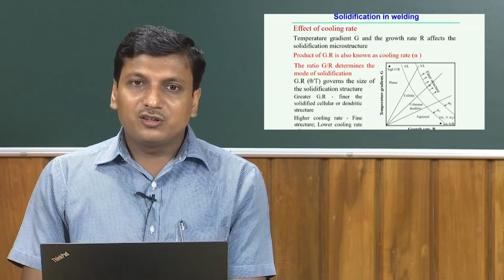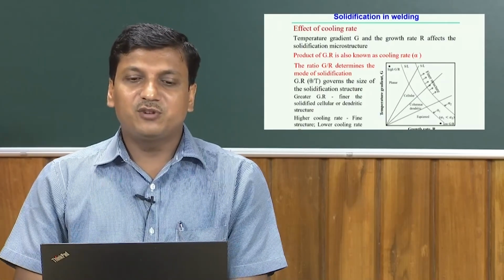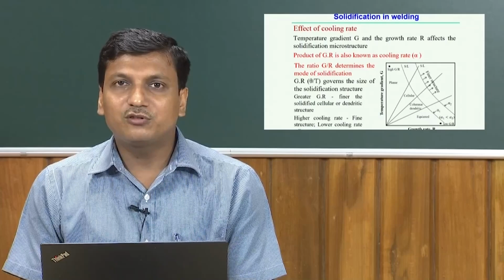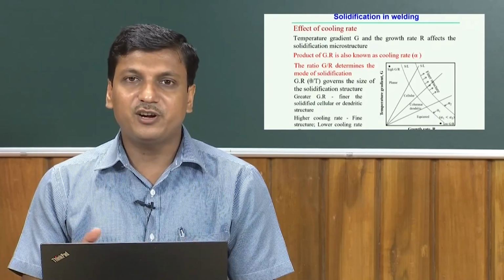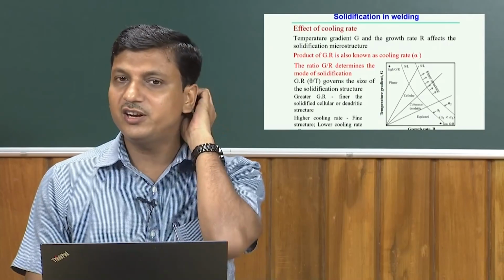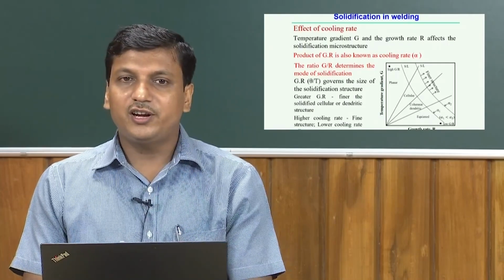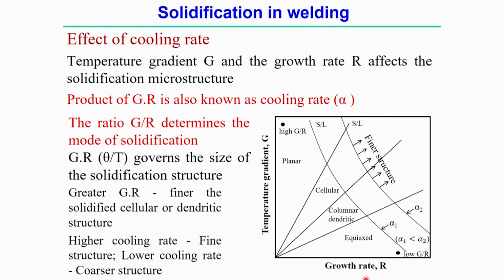Now, here we would like to mention that the two parameters, the temperature gradient G and the growth rate R, affect the solidified microstructure in two different ways. By combining these two parameters, you can see the product of G into R is known as the cooling rate.